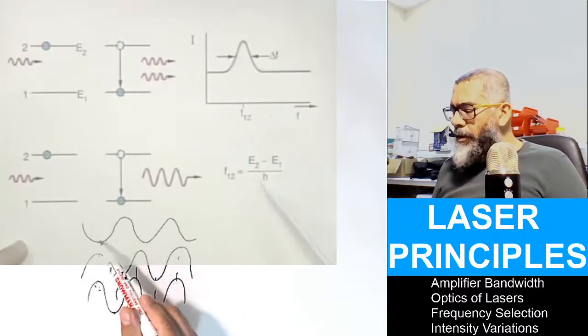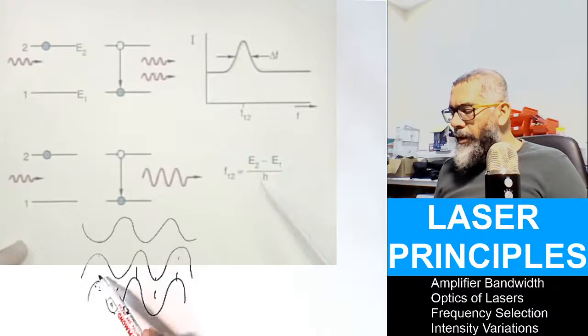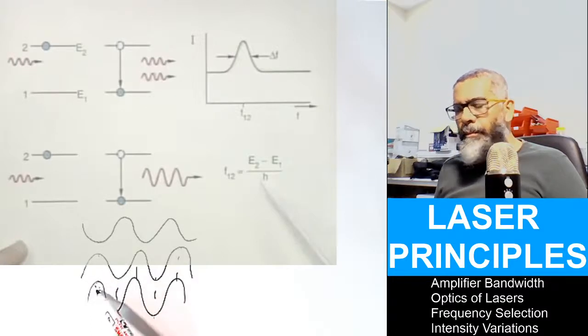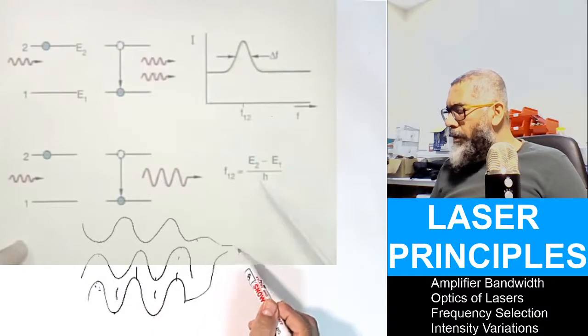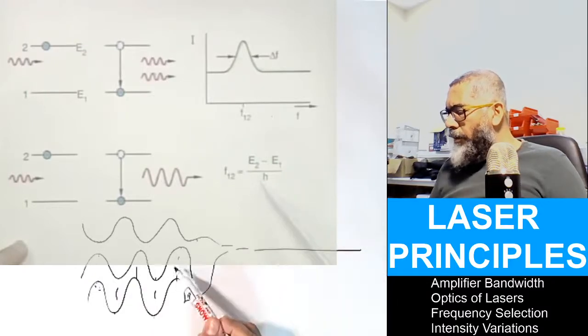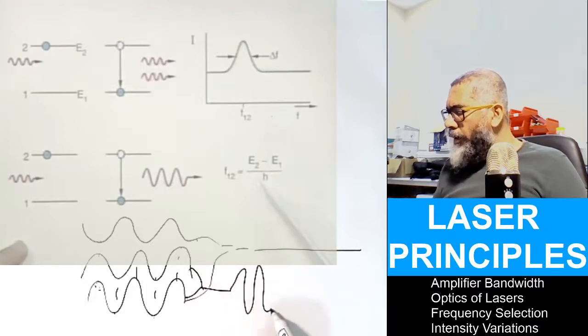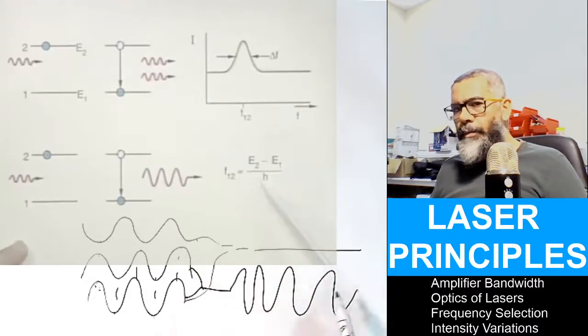When you sum them, you will have nothing. But if you add these two waves which are in phase, you have a larger amplitude.